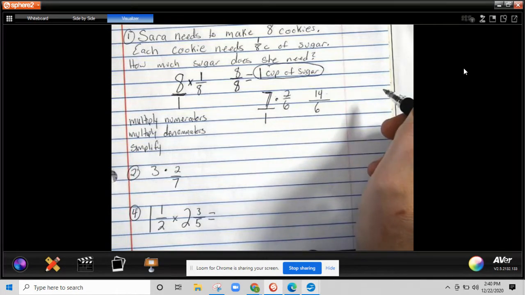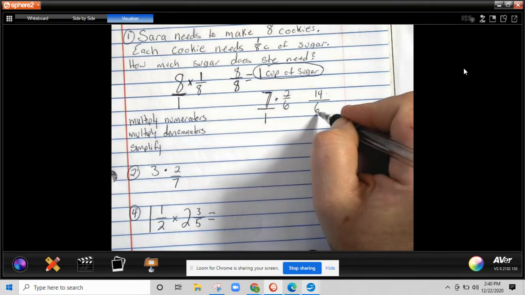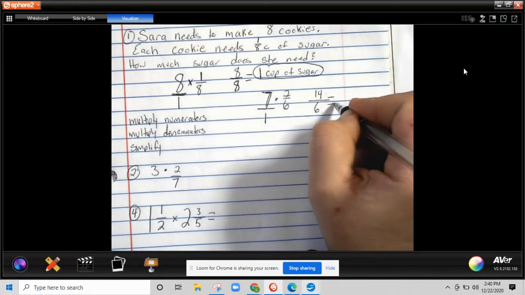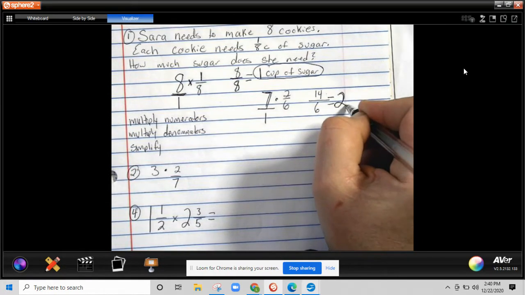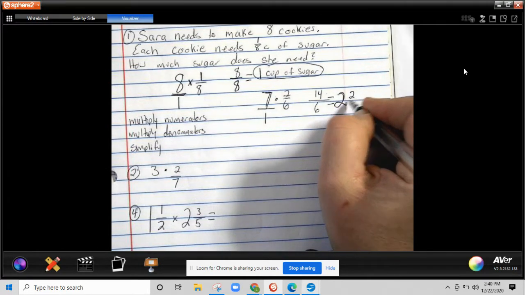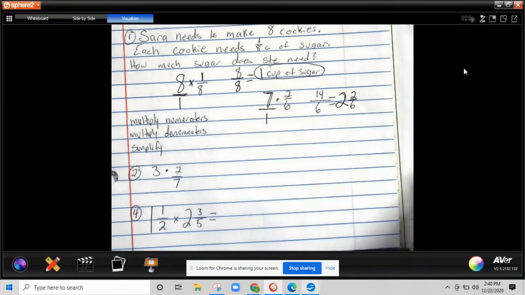Now I have the improper fraction. I need to convert it. How many groups of 6 can I get out of 14? I can get 2. So 6 times 2 is 12. I'm going to have 2 left over out of 6.